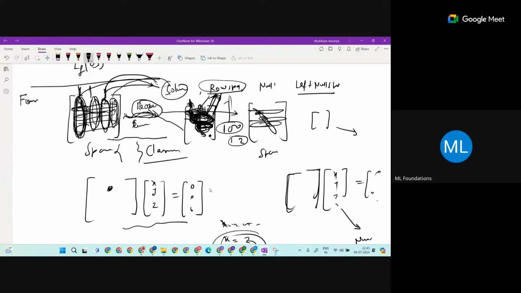For a matrix A, if the null space span is given, how do we find out the row space span? No, it will not be given. It will give only the rank.